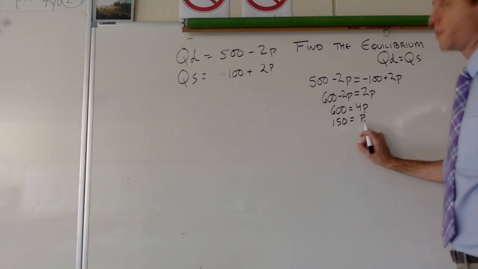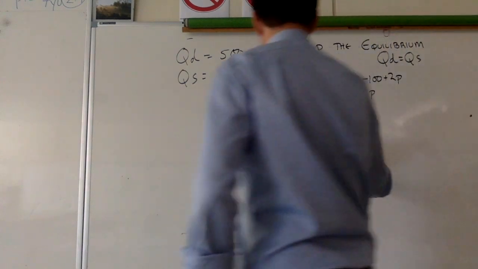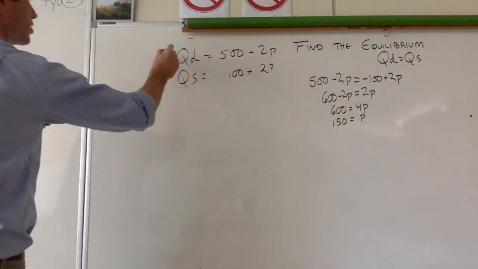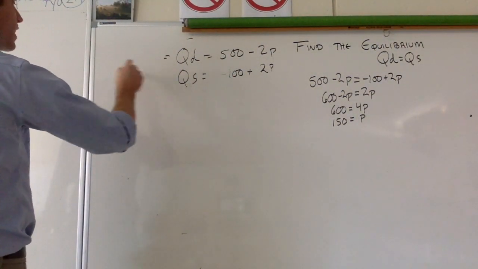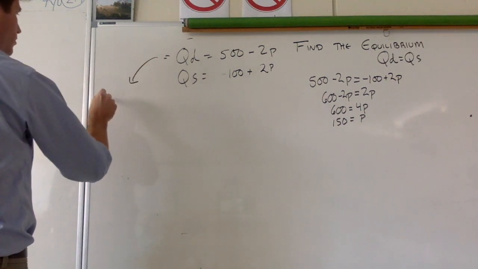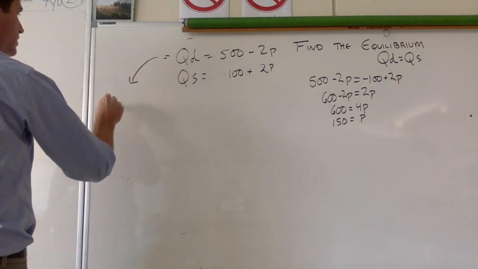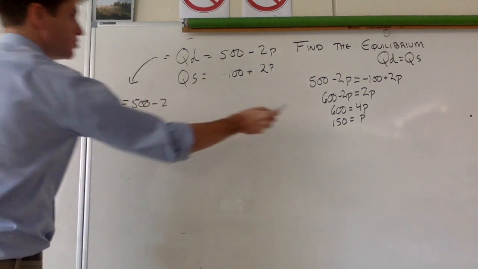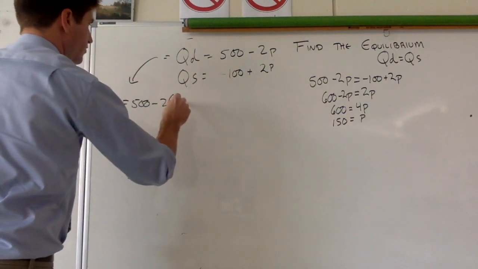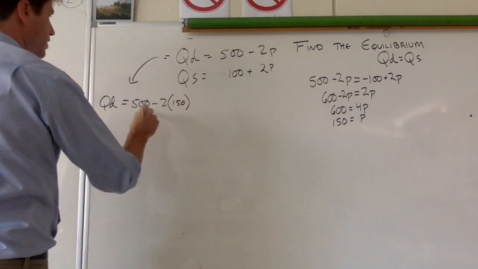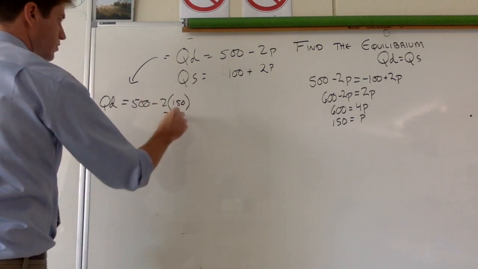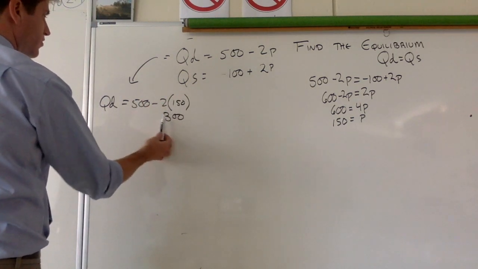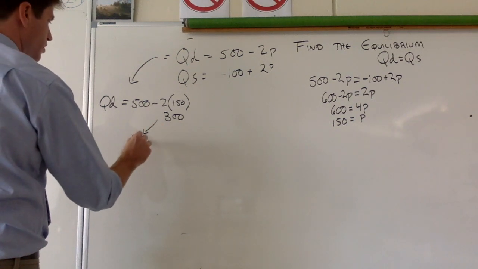What's the equilibrium quantity? Now I can just come back to QD. QD at equilibrium equals 500 minus 2 times 150, so that equals 500 minus 300, which is 200.